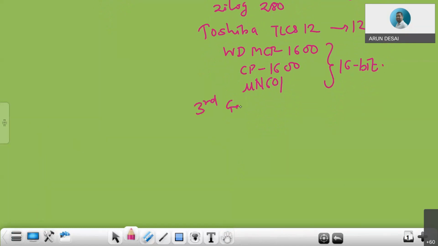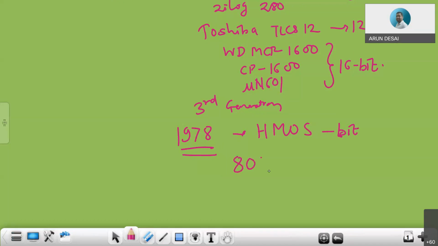Third generation came in 1978, which is HMOS, right? HMOS is high density. So they came up with high density MOS technology with 16-bit processors in third generation.